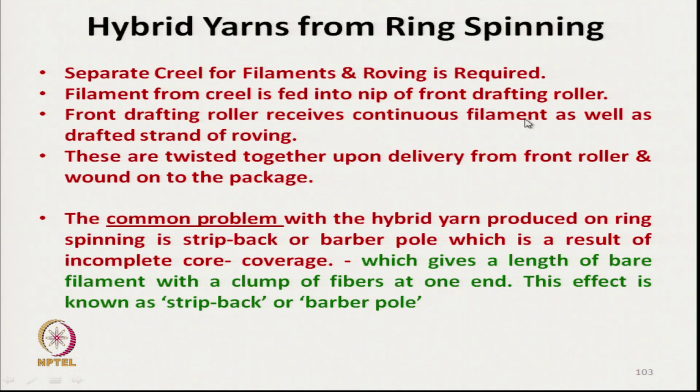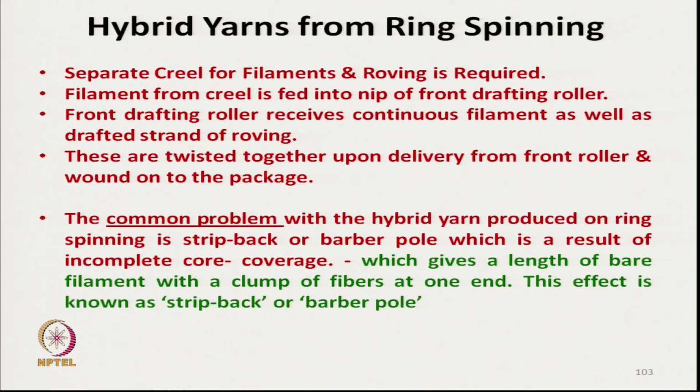The drafting roller receives continuous filament as well as the drafted strand of roving, the front drafting roller, and then twisting, which forms the coarse sheath yarn. The main problem of this type of hybrid yarn is the barber pole effect, that is improper core coverage.